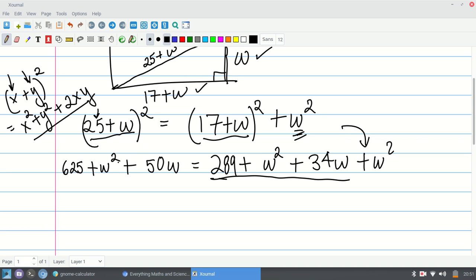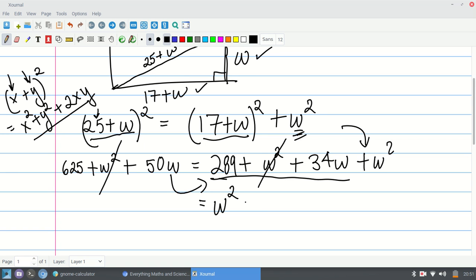Now all I have to do is take away w squared from both sides to make things easier. So I'm going to kill that with that. Okay, and I can simplify, right? I'm going to move everything over to this side because it has a positive w squared. I'm going to have to solve a quadratic. So w squared is still there.